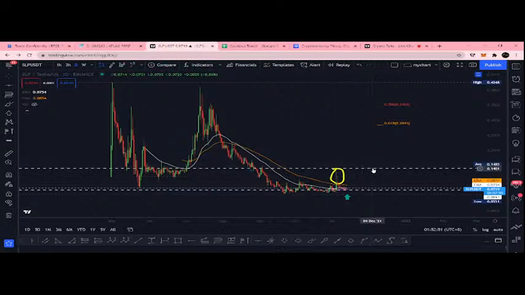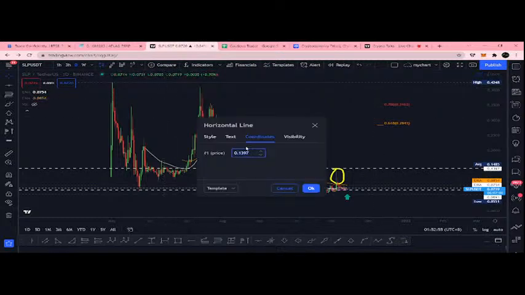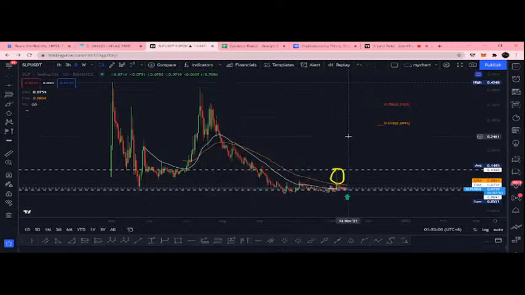Yeah, 13 cents. 13.60 cents. So we'll use that as 0.1360 as a next resistance area.